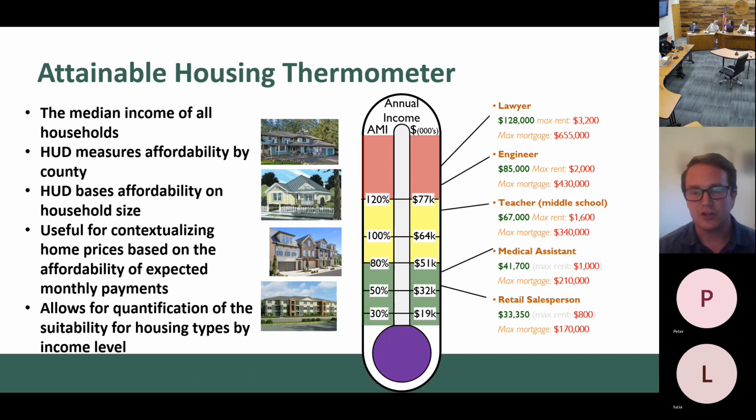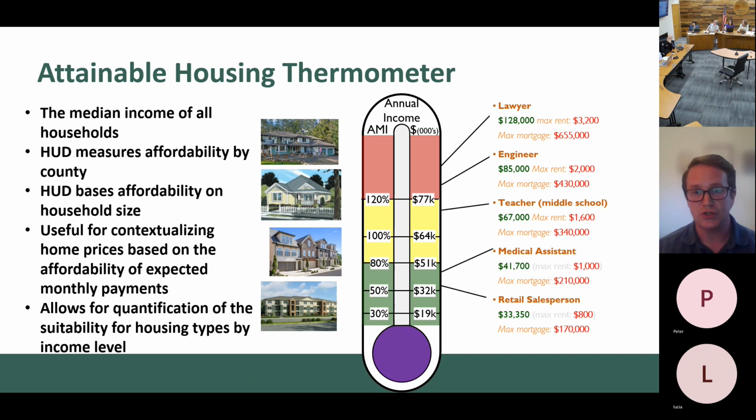And they're having no problem affording a mortgage, for instance, here in Sweet Home. They could probably afford about $655,000, which would buy you a pretty good house almost anywhere in the state. As we start moving down towards folks who are in an engineering position, they're making 85 grand and their max mortgage is about $430,000. So we're probably getting to the edge of affordability for the average home in Sweet Home.